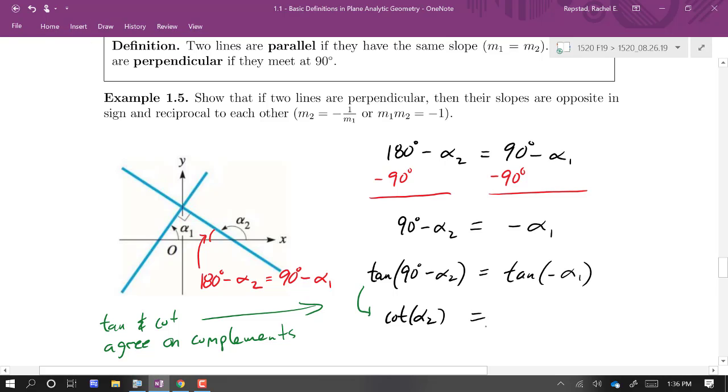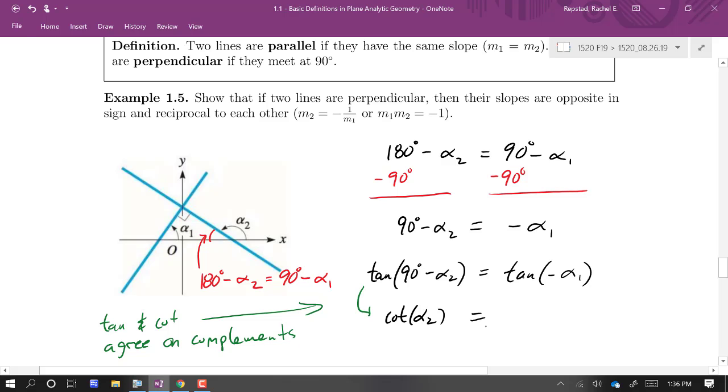I'm going to use another fact on the other side, and that is that tangent is what we call an odd function. An odd function is one where there's symmetry about the origin, meaning that tangent of negative alpha 1 is negative tan of alpha 1. I don't want us to think of it as pulling out a negative, because generally that's not something we can do with functions.